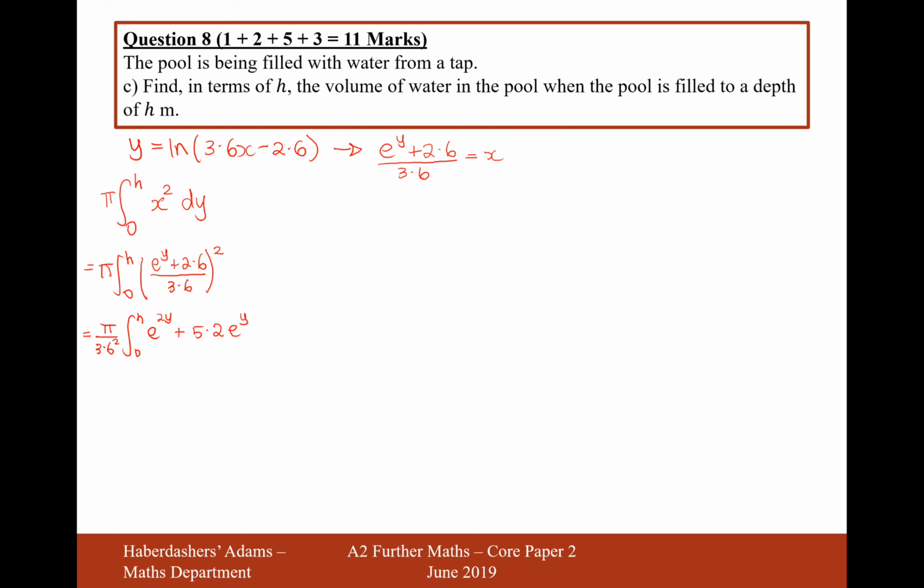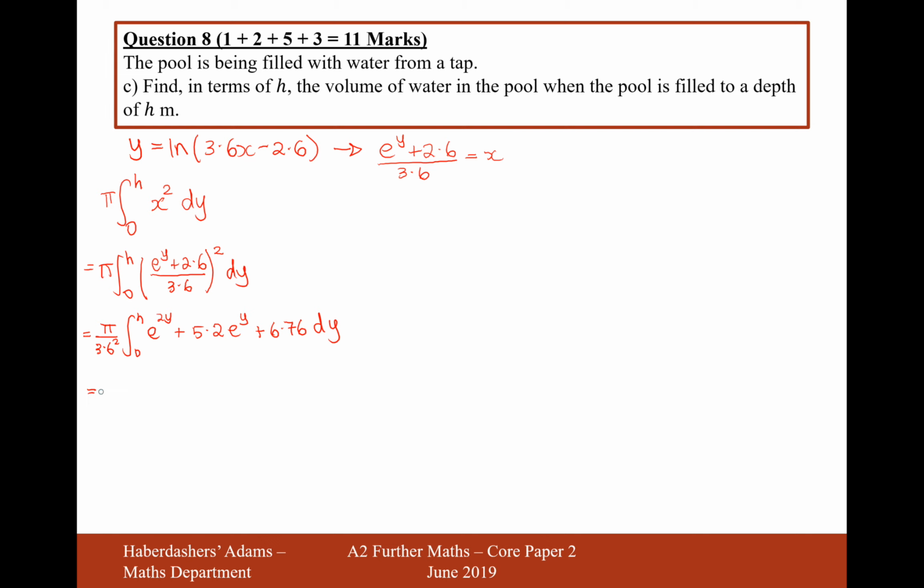Now if you're doing this all in fractions, that's fine as well, and then it's plus 2.6 squared, 2.6 squared is 6.76 dy. Whoops, missed the dy above.